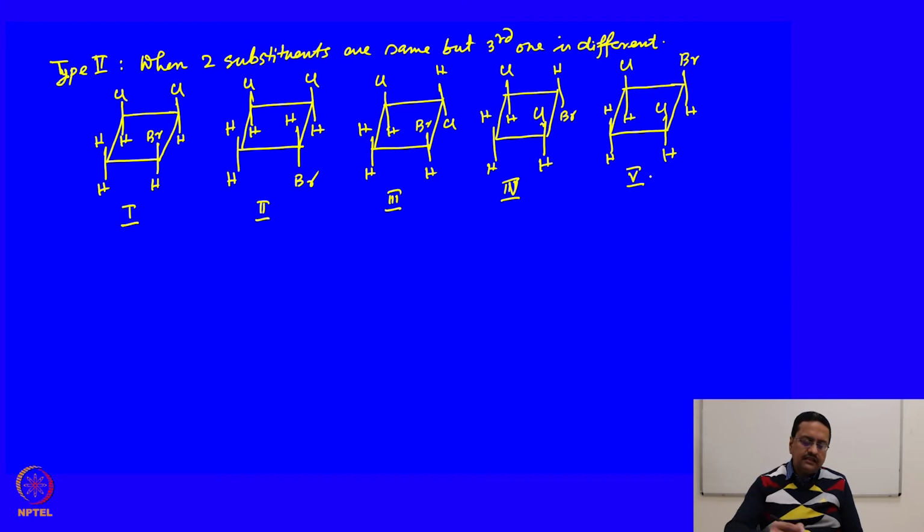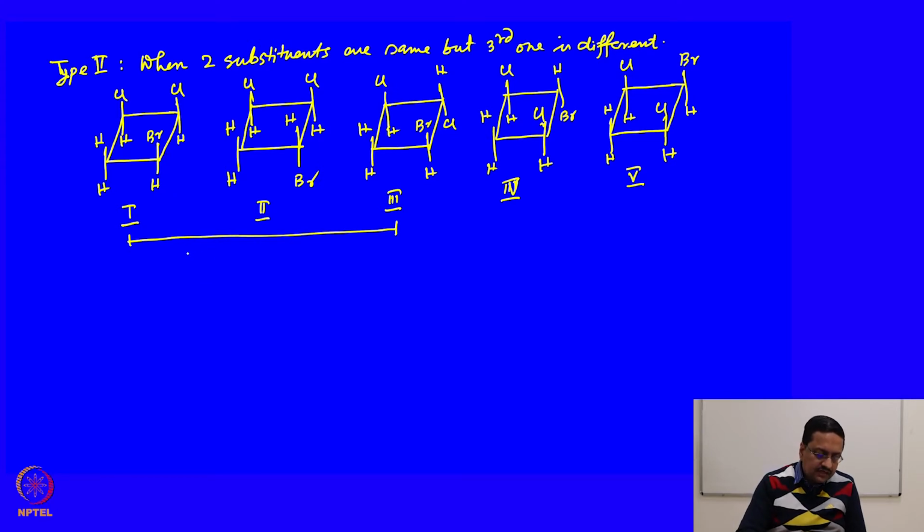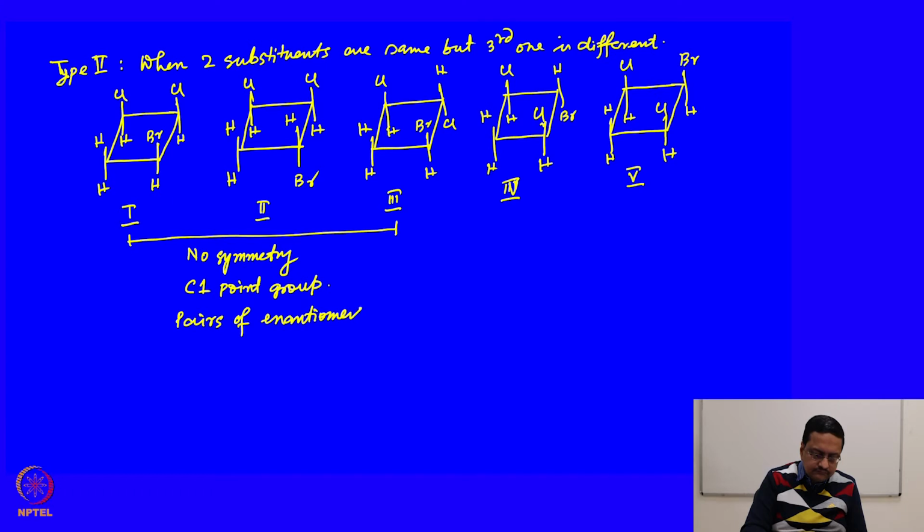If we look at these isomers carefully from 1 to 3, these 3 isomers do not have any symmetry. So they belong to point group C1. Therefore, they exist as pairs of enantiomers, and they are optically active.